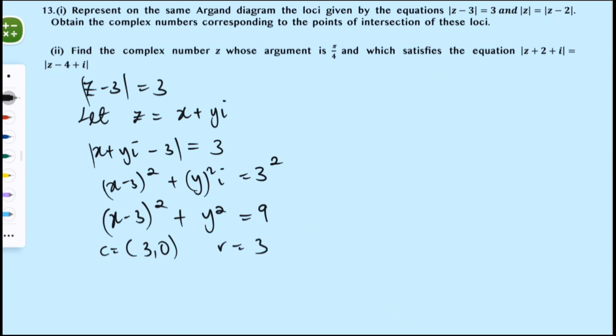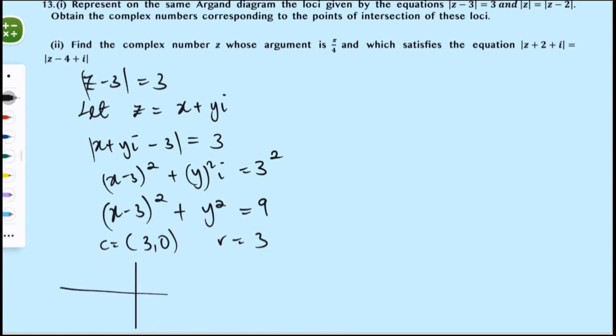So if we visualize this just for a bit, it's a circle with center (3, 0), pardon me, 3 on the x-axis. And then we have a circle, starting from the center.